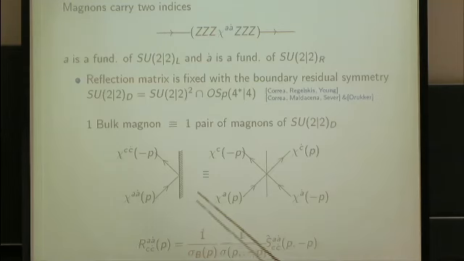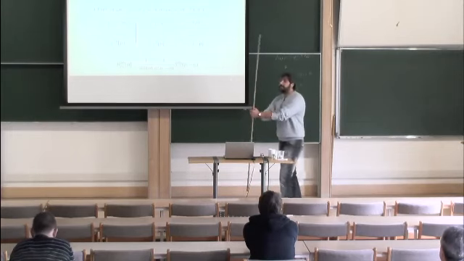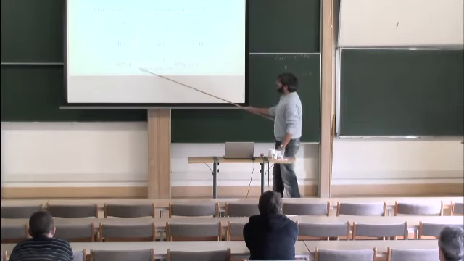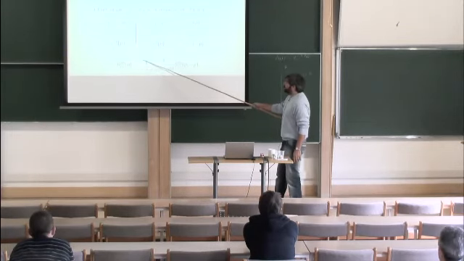And then it's very natural that when you demand that this symmetry is preserved in this reflection, what you get is precisely the same matricial structure as you got for the bulk scattering case, just evaluated at p and minus p. This I added in order to be more similar to the bulk scattering case, but of course, again, this argument does not fix the overall scalar. So I am hiding my ignorance in this dressing factor here.